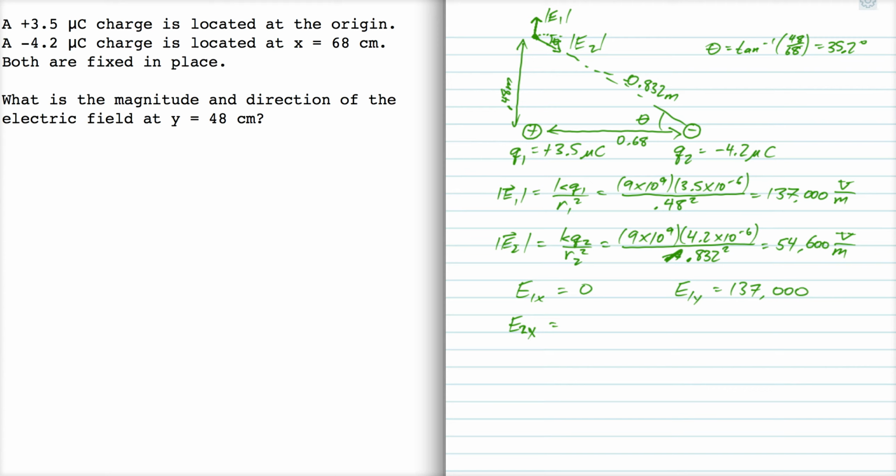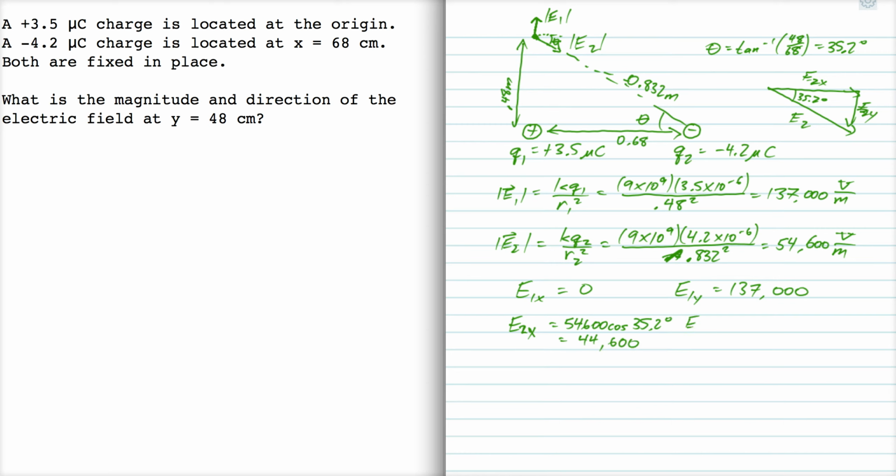Okay, now for the components of E2. So E2 points down like this, right? Here's our E2. It's going to make an angle of 35.2 below the horizontal. So this is going to be E2x, and this is going to be E2y. So E2x is 54,600 times cosine of 35.2, which works out to be 44,600.